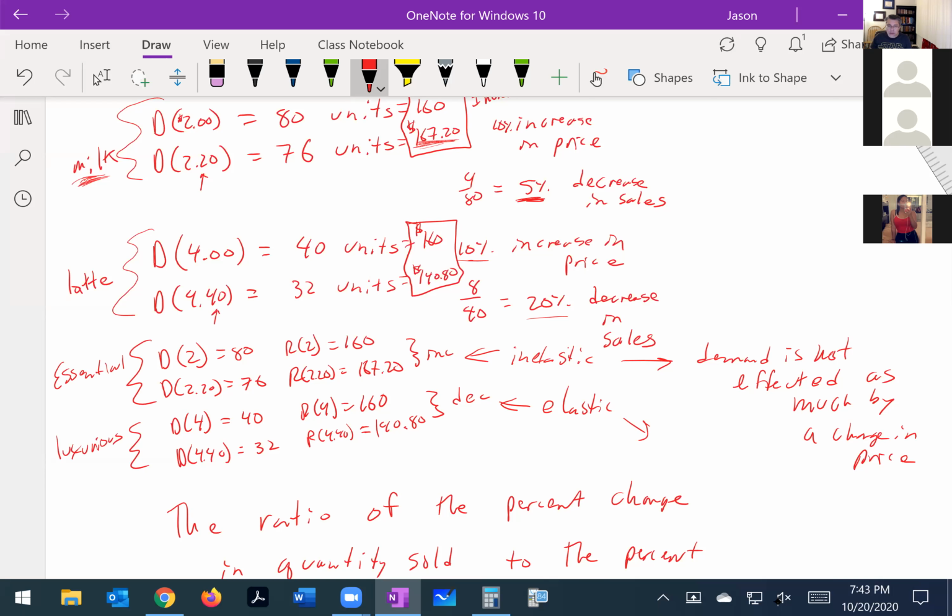As soon as I start pushing my cup of coffee up to $5 for a cup of coffee, I'm going to lose a lot more than if I were to push that gallon of milk from $1 to $2. So pushing that latte from $4 to $5, bad idea, because people can go without the coffee, or at least some people can.